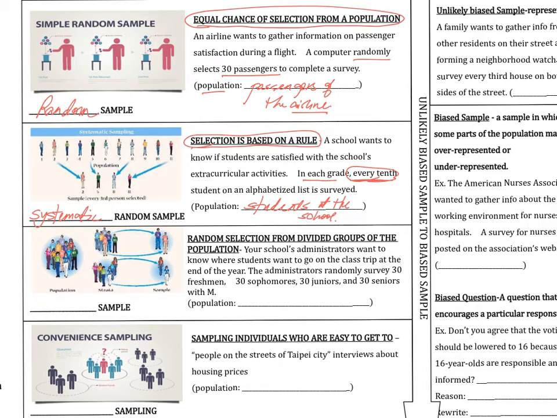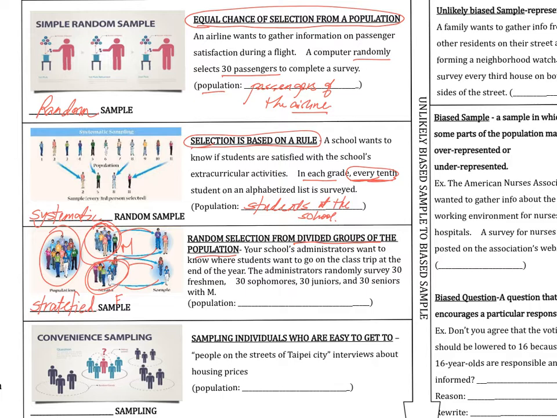And the third type of sampling method is called the stratified sample. So what this means, there will be a random selection from divided groups of the population. So if this were the population, and we want to divide them into females and males. And from these two groups, we're going to make another selection. So for example, your school's administrators want to know where students want to go on the class trip at the end of the year.